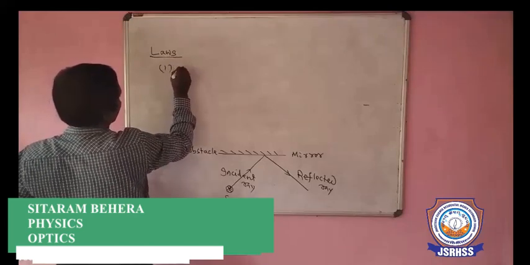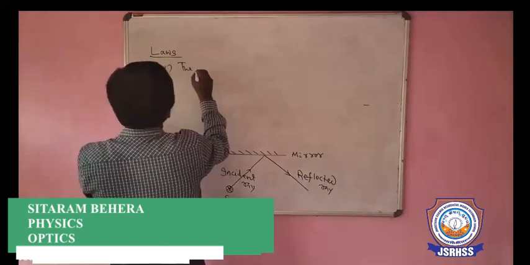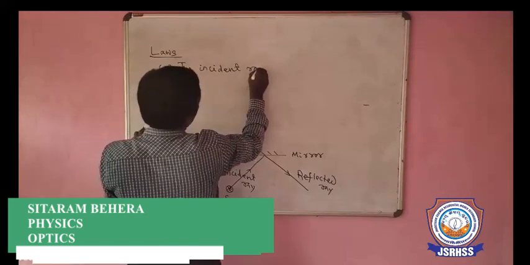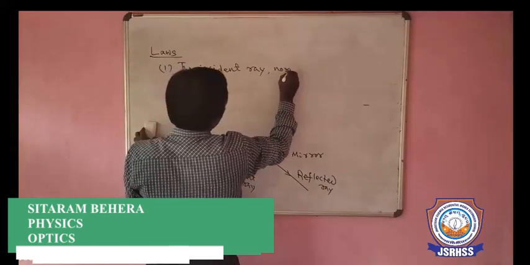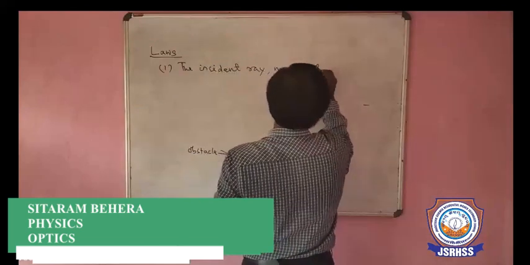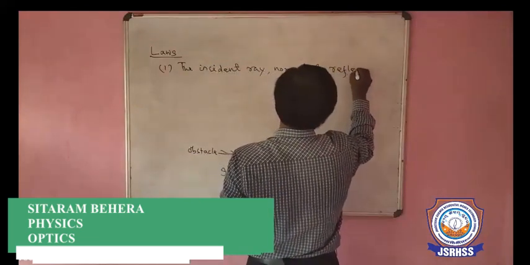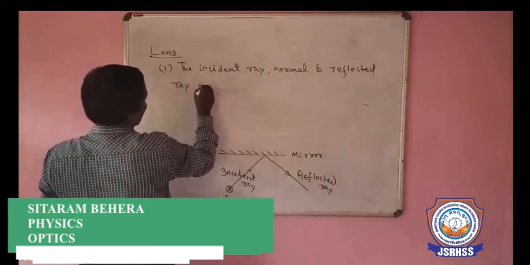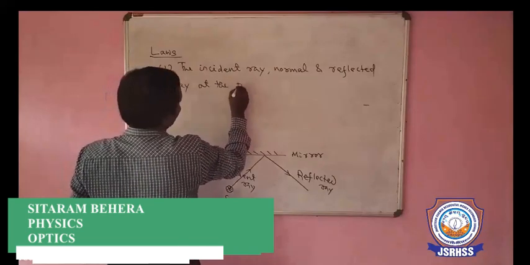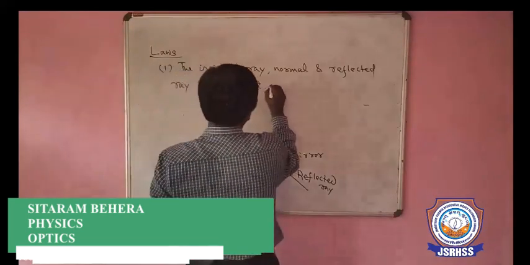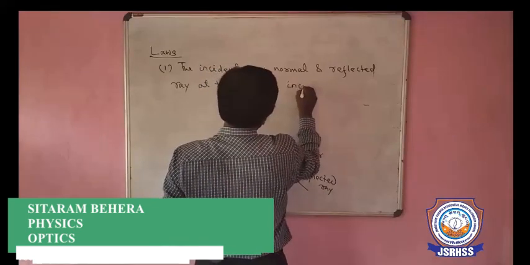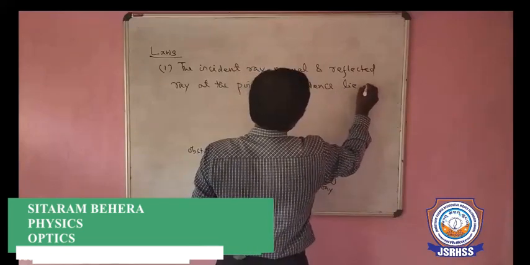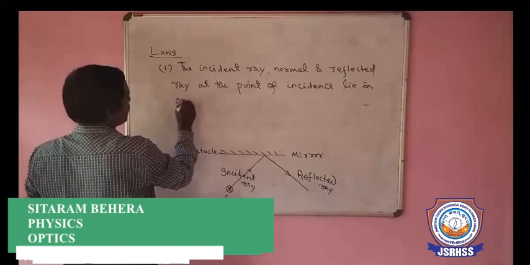First law, the incident ray, normal and reflected ray at the point of incidence lie in one plane.